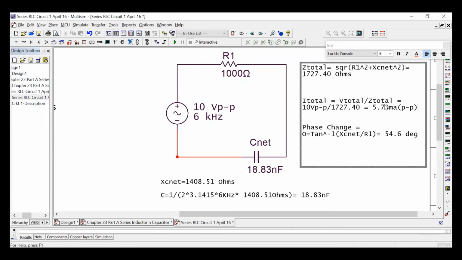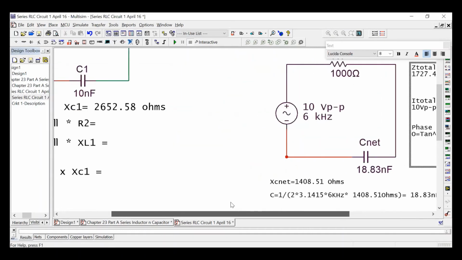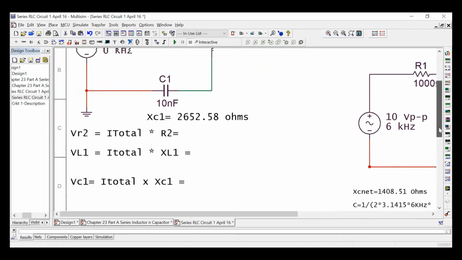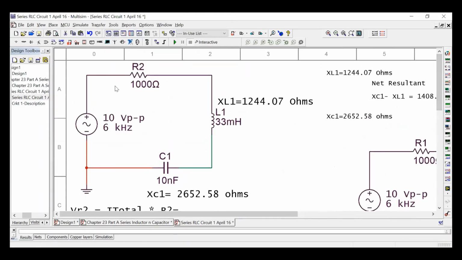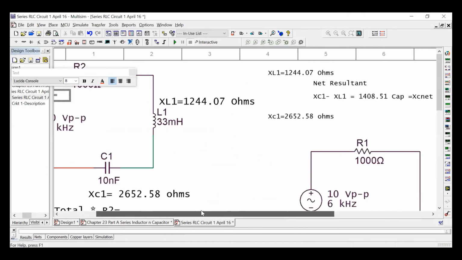So what we want to do is take this 5.79 milliamps and put it back into the original circuit. So the original circuit now actually sees, right here, I total is equal to 5.79 mils.